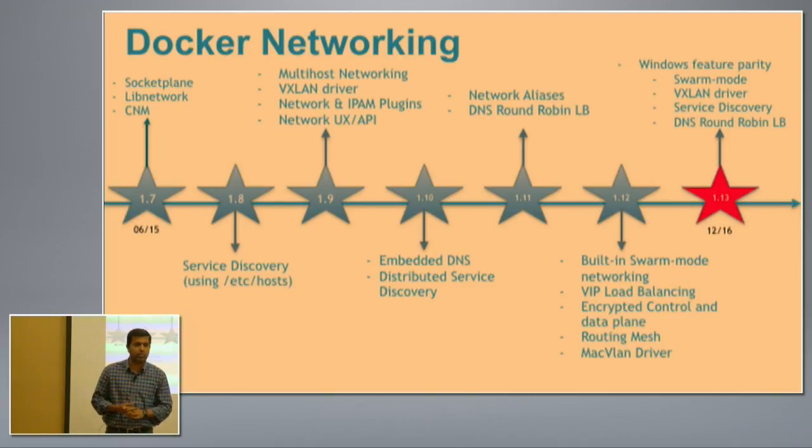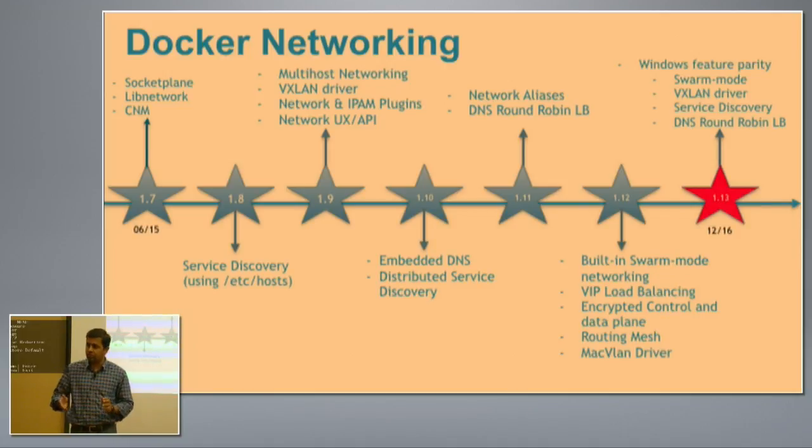And 1.9 was a big release for us where we introduced the multi-host networking using the VXLAN driver. We had the plugins for networking and IPAM. We added the Docker Network UX, which is the big thing, because Docker is where it is today because of simplicity. So prior to Docker, containers were there. It was so complicated to use, but Docker came and changed the game.